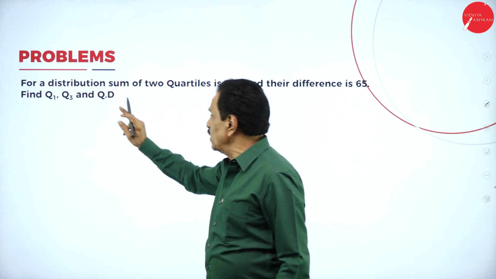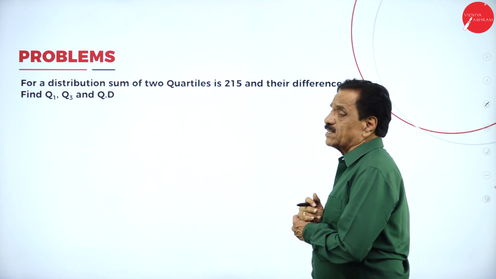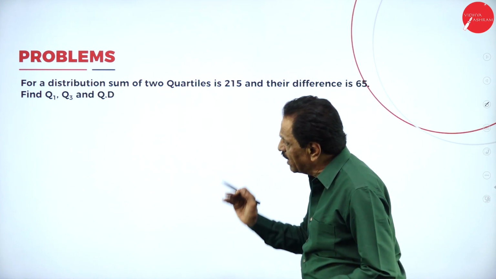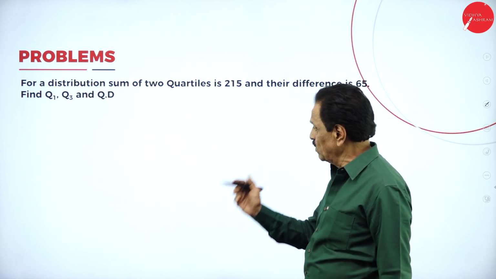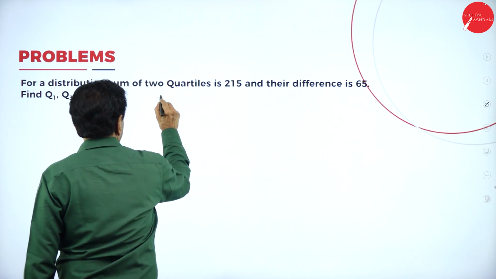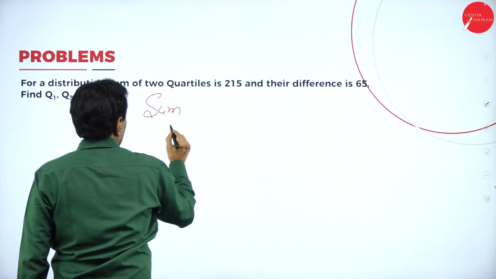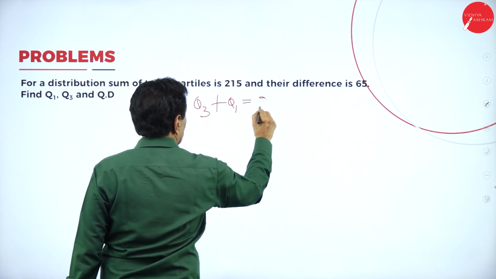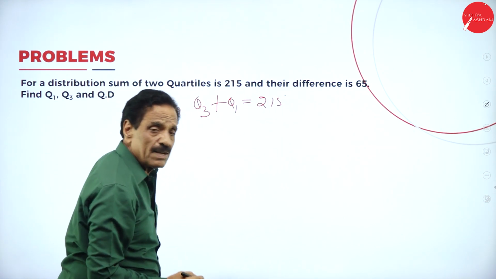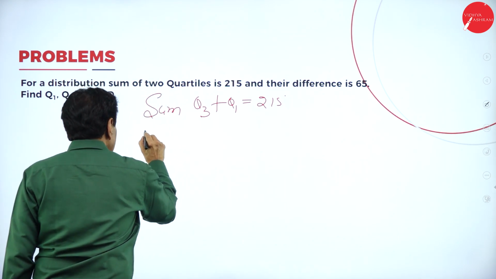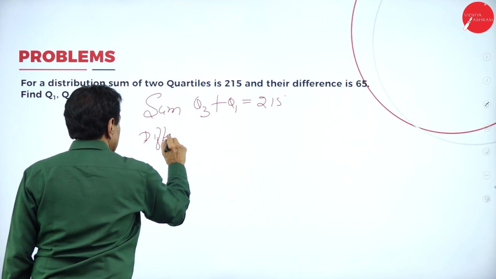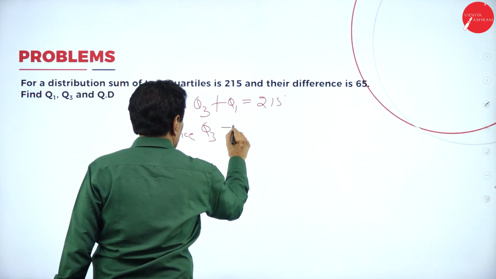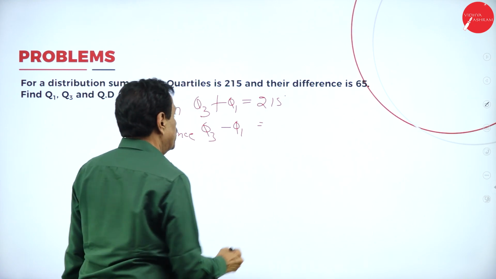For a distribution, the sum of the two quartiles is 215 and their difference is 65. Find Q1, Q3 and QD. First, the sum: Q3 plus Q1 is equal to 215. Then their difference: Q3 minus Q1 is 65.